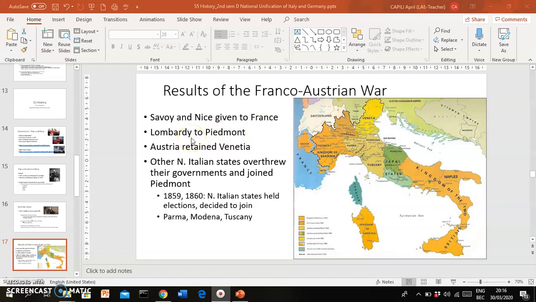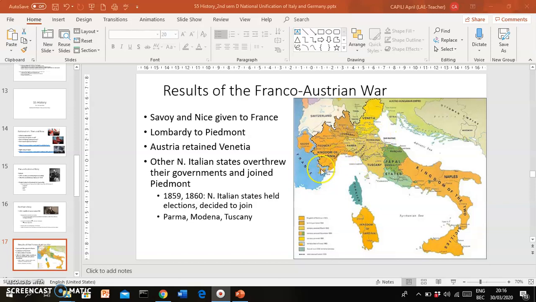Lombardy was awarded to Piedmont, so as you can see there, that becomes part of the kingdom of Victor Emmanuel II. Austria kept Venetia.